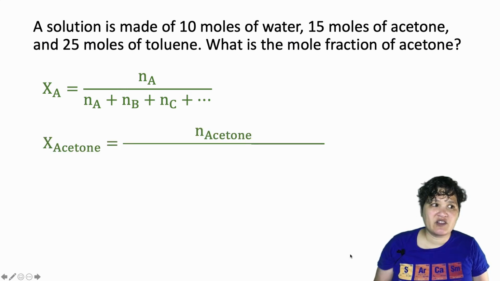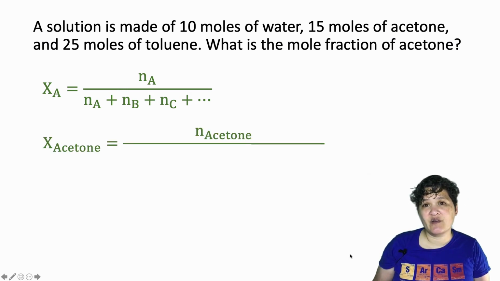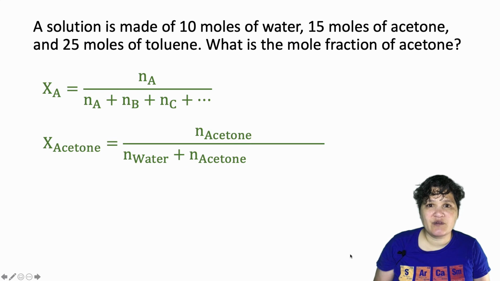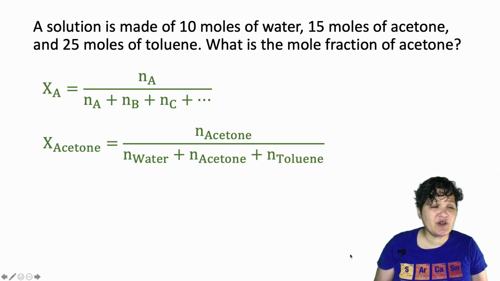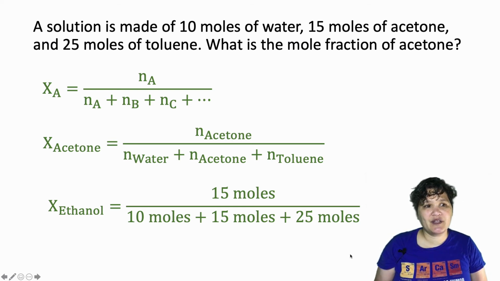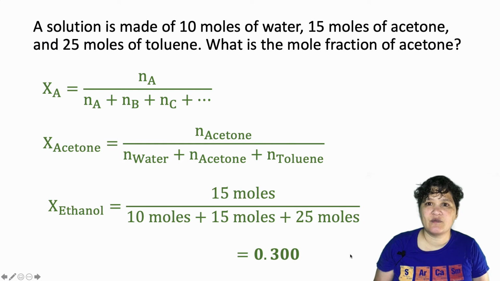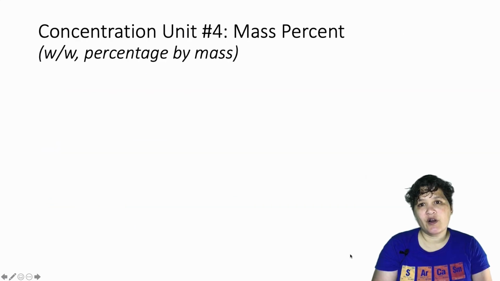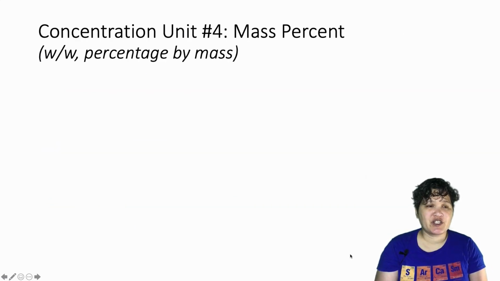The mole fraction of acetone is going to be the number of moles of acetone divided by the total number of moles in solution, which is going to be the number of moles of water plus the number of moles of acetone plus the number of moles of toluene. So we can plug the numbers in: 15 moles of acetone, 10 moles of water, 25 moles of toluene, and that's 0.3.